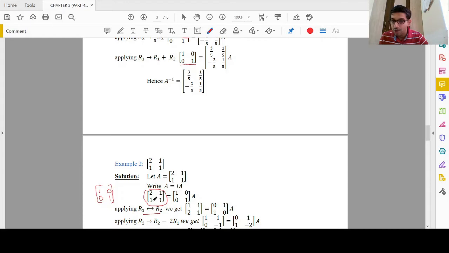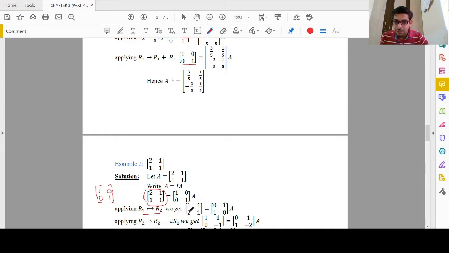I will not get it if 1 is not there in the A21 position. So in that case you can follow the simple algorithm. Just divide the first row with whatever element is there in the A11 position. So here I used R1 interchanges with R2. I got 1 1 2 1, then 0 1 1 0. That is interchanging the rows of the identity matrix also.